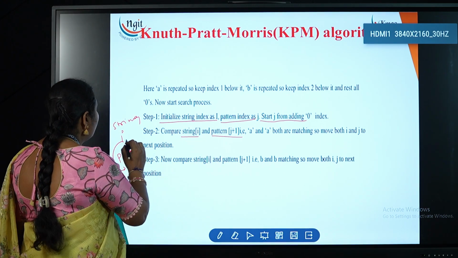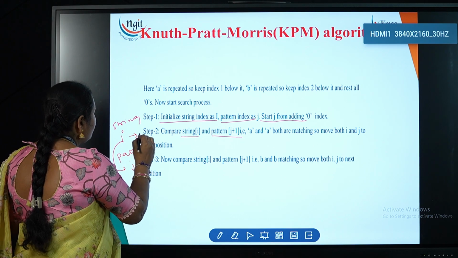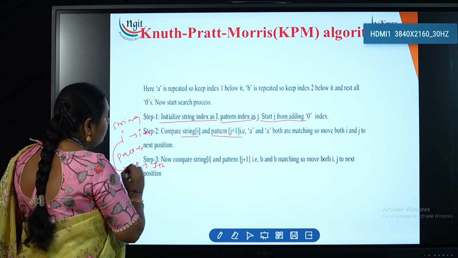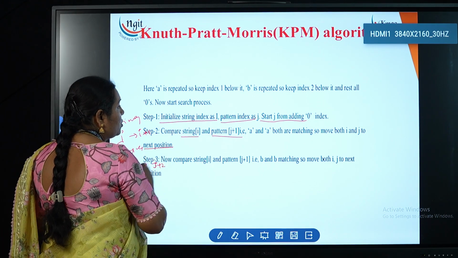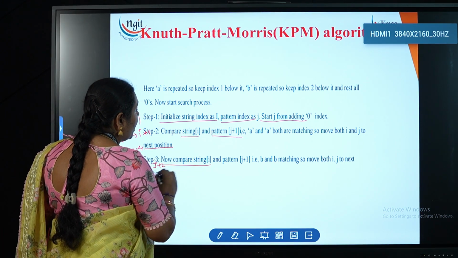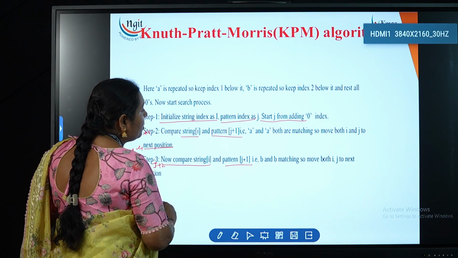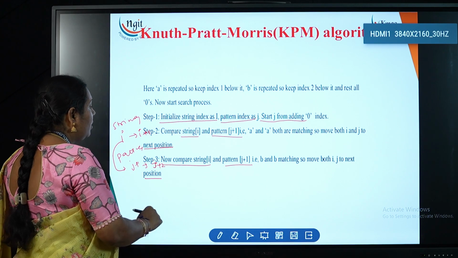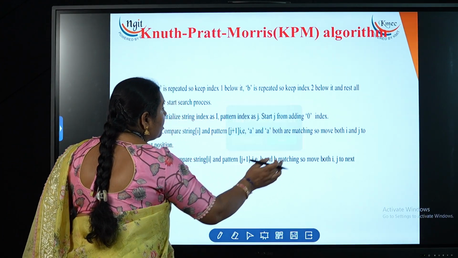If both are matching, this will become i plus 1 and this will become j plus 2. Okay. So again next position. Now compare string of i with the pattern of j, and B matching, so move both to the next position. So this is the algorithm where you are going to compare each and every pattern and value.